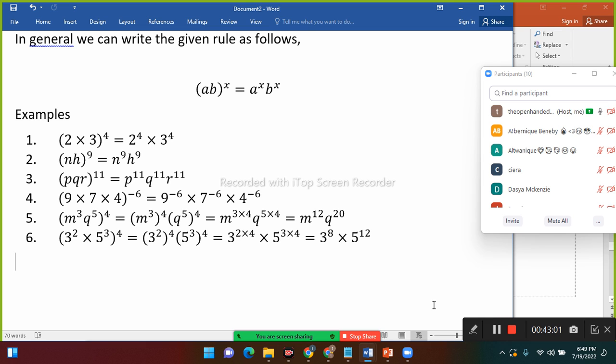So let's begin with the practice problems. I'm going to switch over to the practice problems right now so that we can get actual practice on this particular rule.